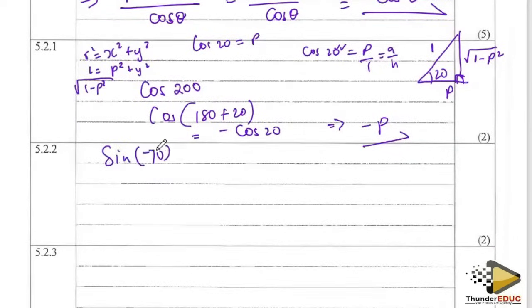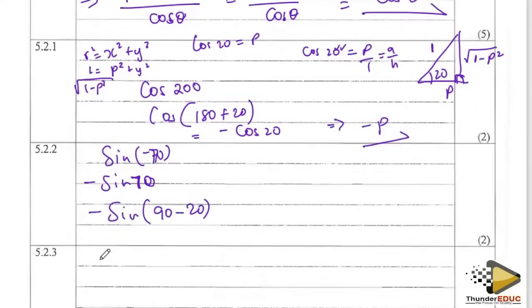Then 5.2.2, the sine of negative 70. Remember, if you have a negative angle, first move the negative outside. So negative sine of 70. Then the question is, which number do I play with to give me 70, but that number must have a 20 attached. So I can use 90 minus 20.